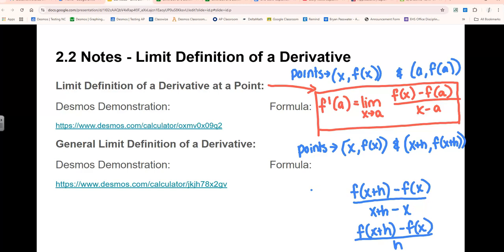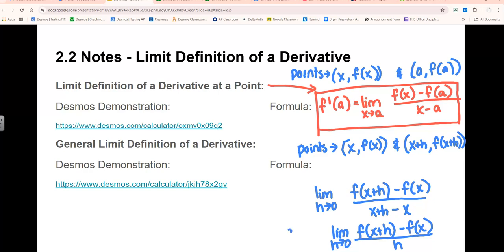So if we do the limit as h approaches 0 here, that's going to give us our derivative. The difference for this is it's not at a single point.